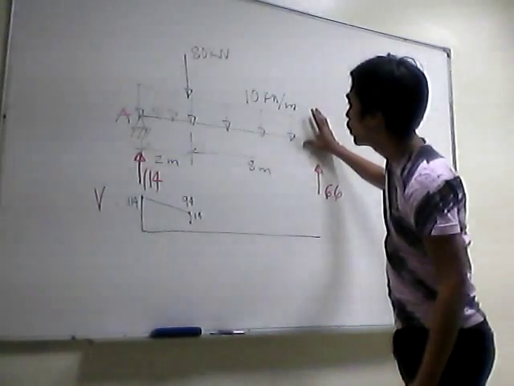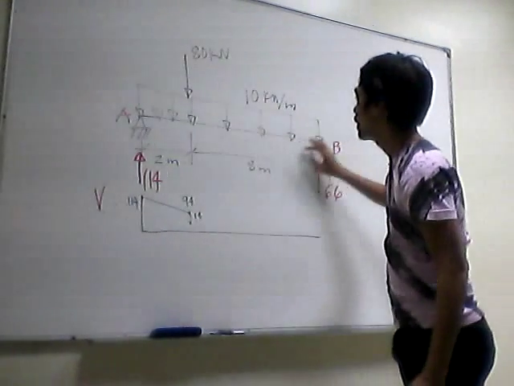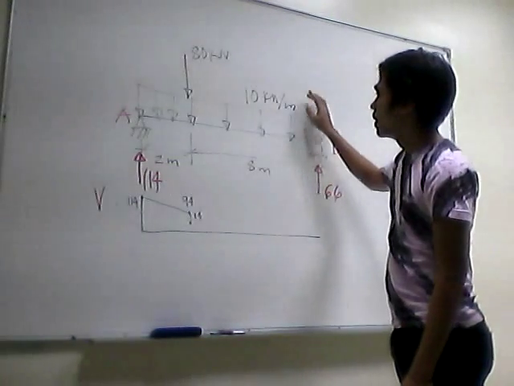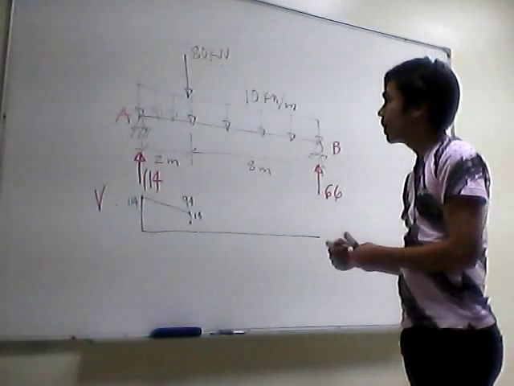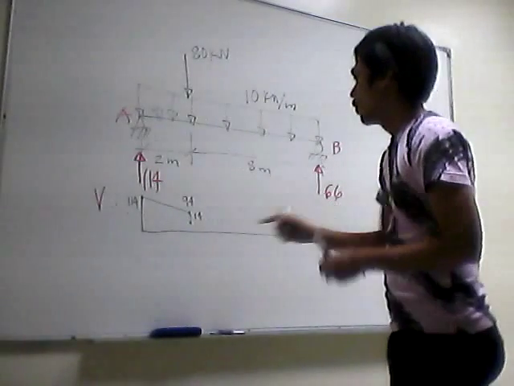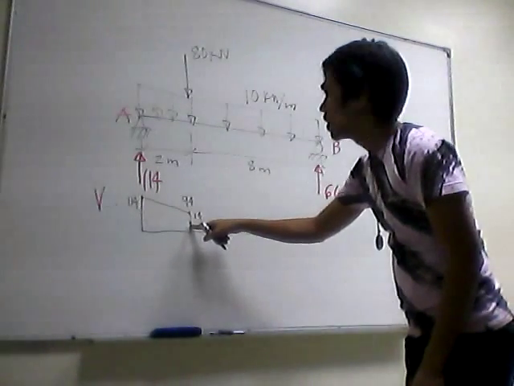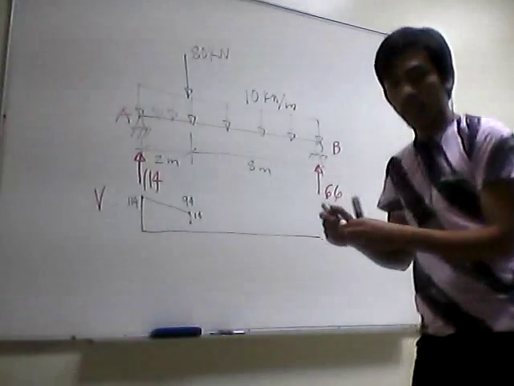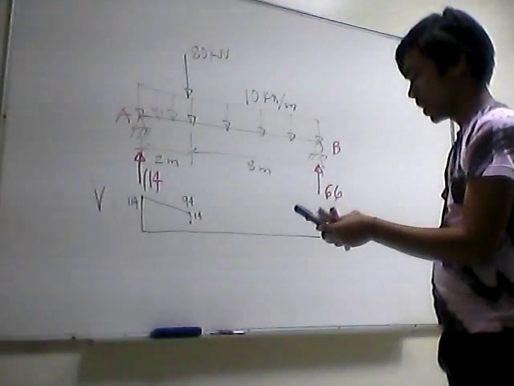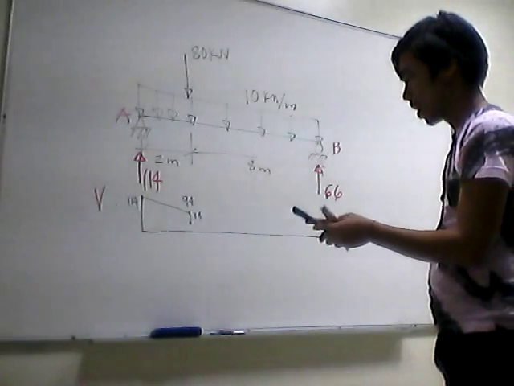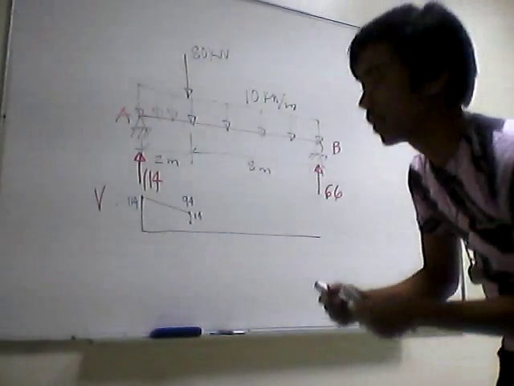And then we are going to consider the 8-meter span of the beam. That means we have a force downward of 10 multiplied by 8, that's 80 positive minus 80 negative, so 14 minus 80, negative 66.